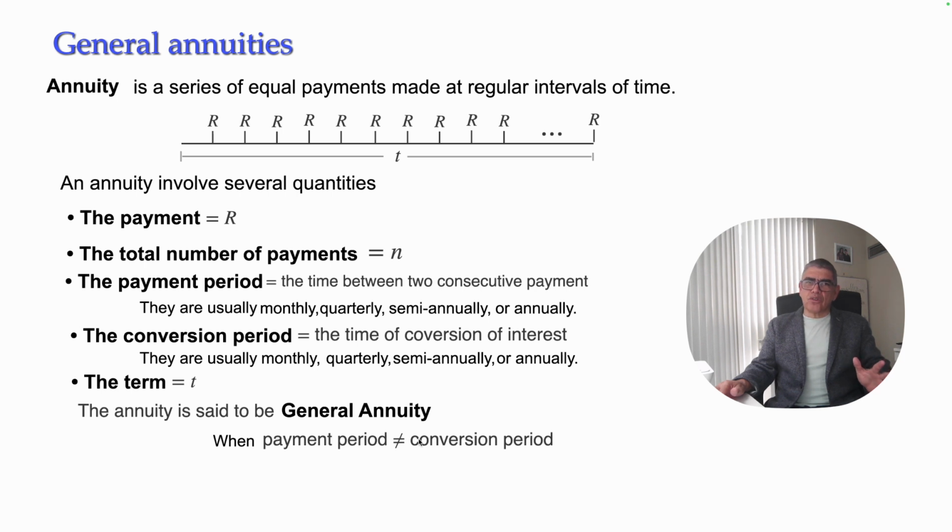We are going to work today an example of a general annuity, but this general annuity will also be an ordinary annuity. An annuity is ordinary if the payments are made at the end of each payment interval. For example, you see here this annuity that I have symbolized in this line. You see that the payment was at the end of the first payment interval. The second payment is made at the end of the second payment interval, and so on.